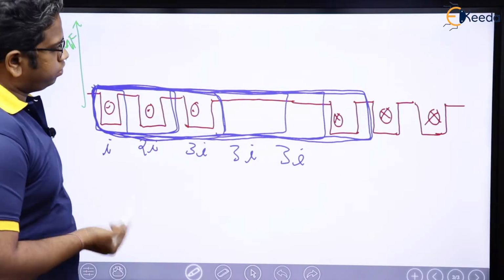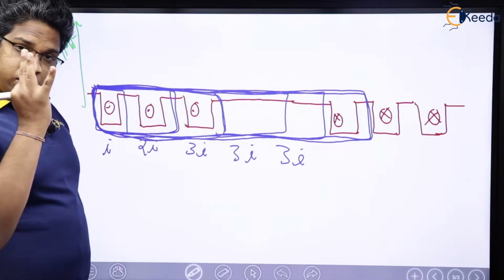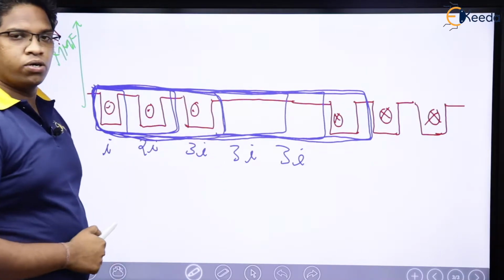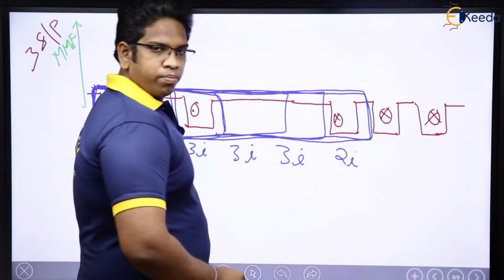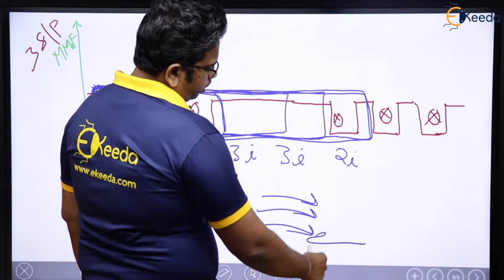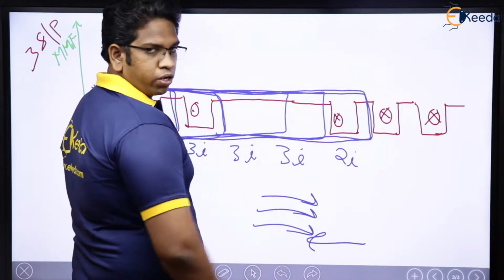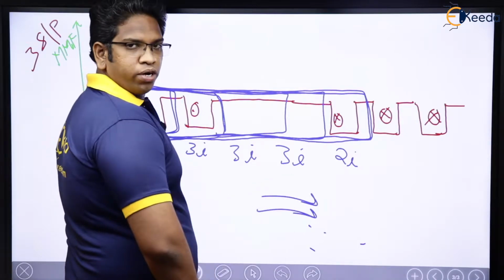See here, 3 dots, 1 cross, which means this is going to be 2I. Means 3 are in one direction, 1 is in another direction, and we know that all are going to be equal. So these 2 cancel into 1, only 2 left, no?